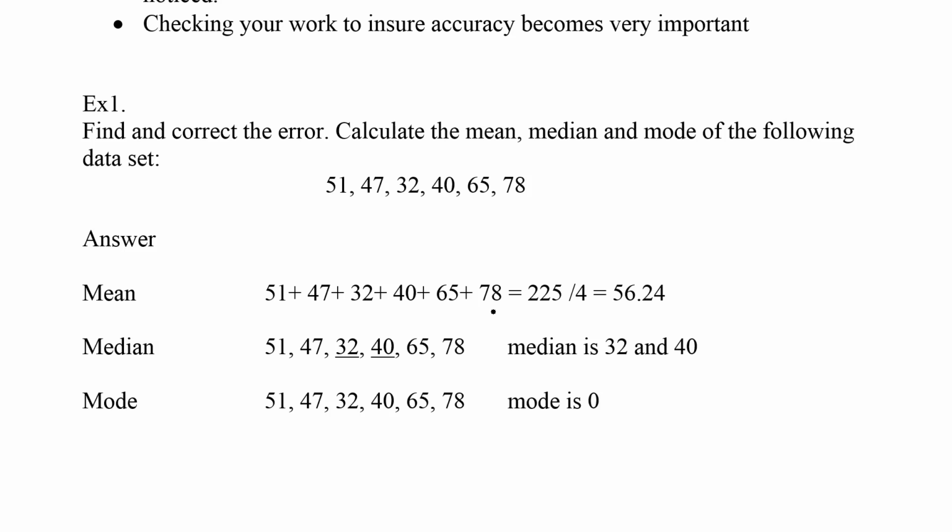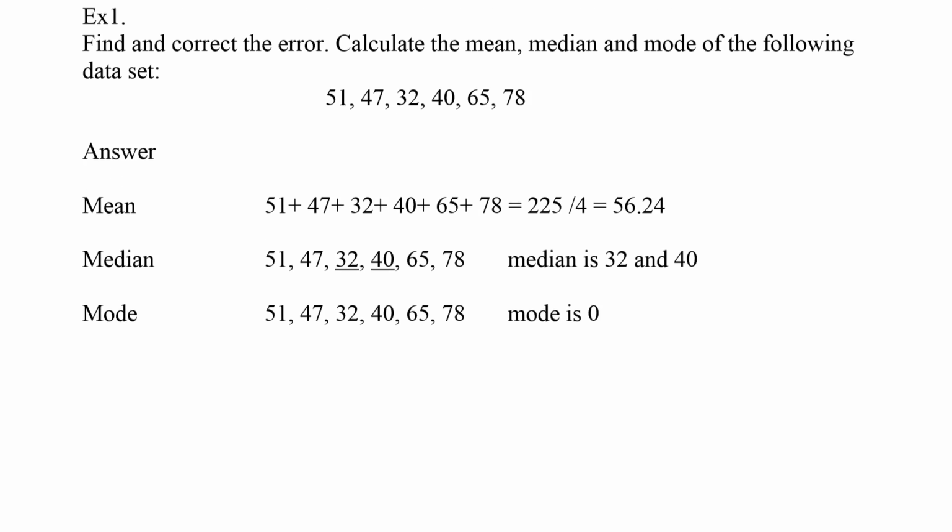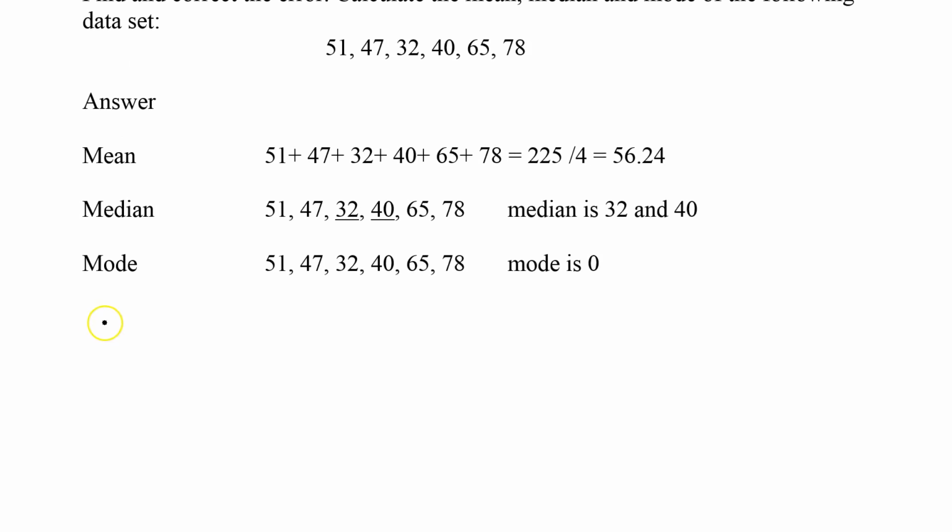So the first error is the addition equals 313. This person has the addition equaling 225. So error number 1. Well spotted.